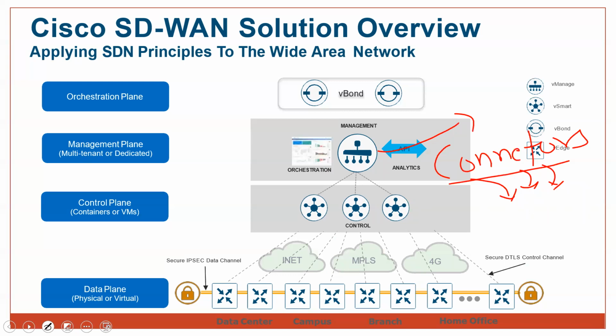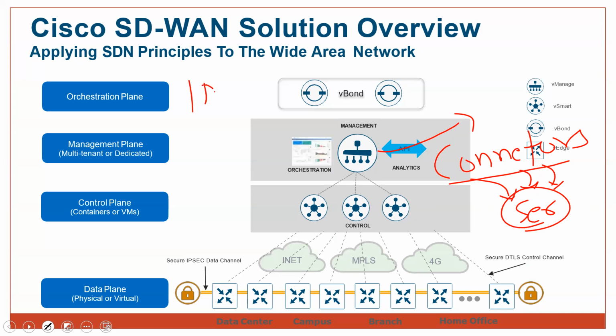But here, through these connectors or interfaces, we are connecting with some sort of server where we have the scripts and programs we can run, and we can manage our operation inside the SD-WAN fabric. Okay. Any question on this?